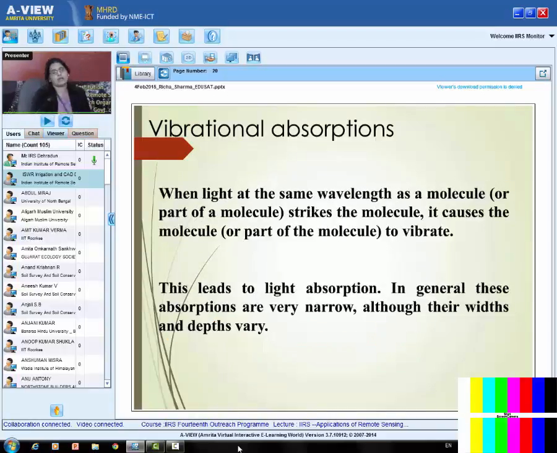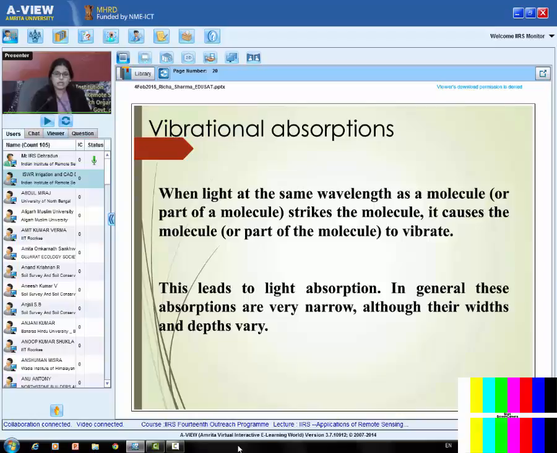Now, third are the vibrational absorptions. When light at the same wavelength as a molecule strikes the molecule, it causes the molecule to vibrate, and because of those vibrations, there is absorption in the light.